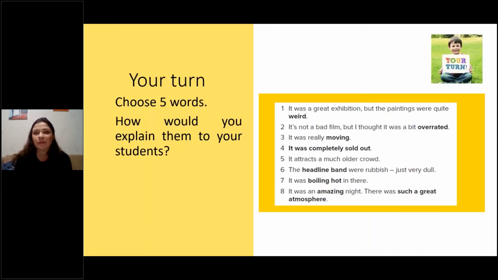Now your turn. We were talking about introducing words with different options. For example, explanations, pictures, asking questions, giving synonyms, drawings, right? Choose 5 words from these that are in bold and think how you would explain them to your students.